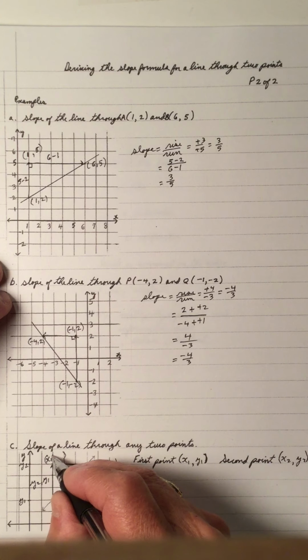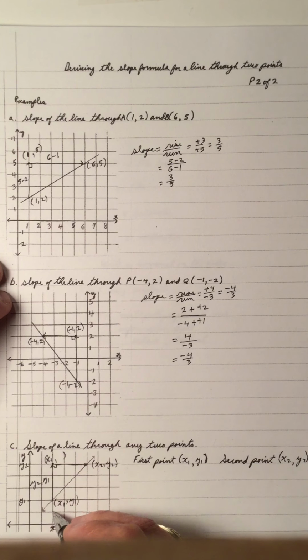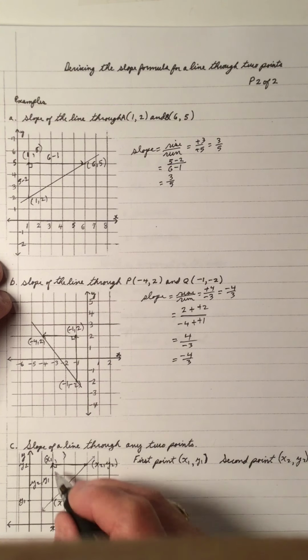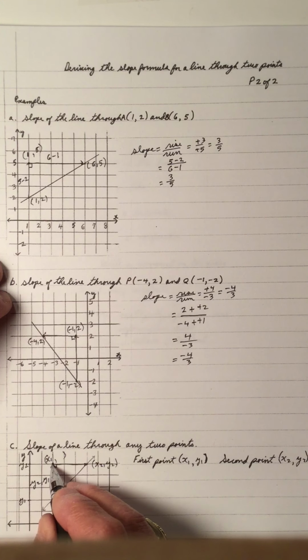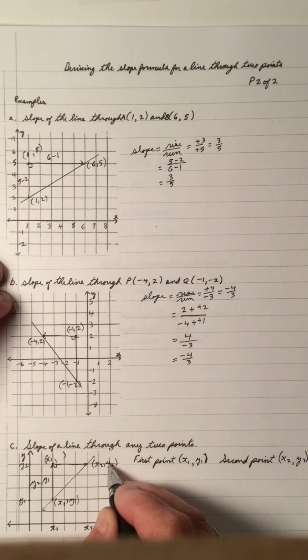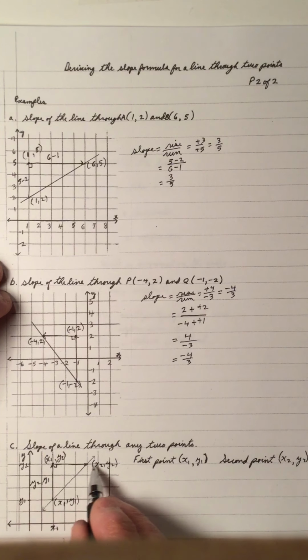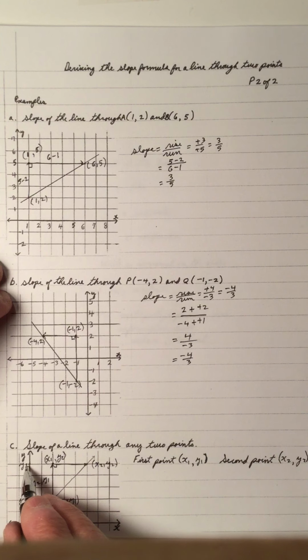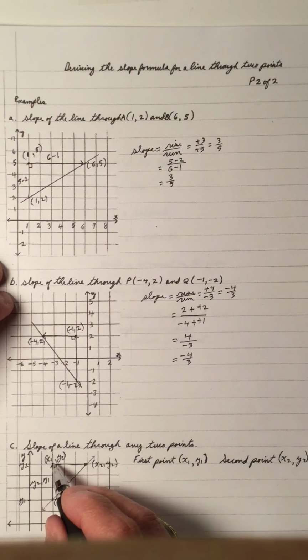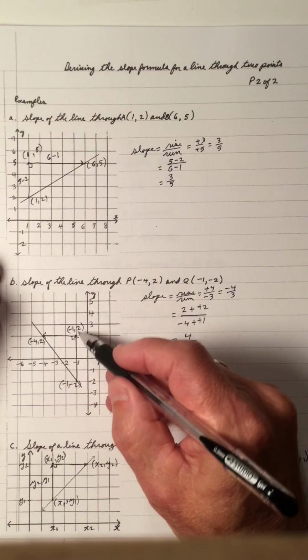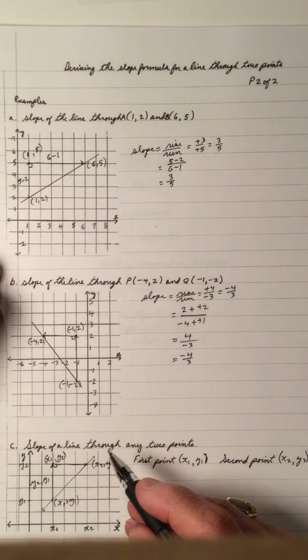Because if that's a vertical line, all coordinates on this line have the same x. And this is a horizontal line, so all coordinates on this point will have the same y. So that means if that point there, that's a y2, this is a y2, because when this line is horizontal, it hits the y-axis at y2. So this is the new point that we discovered, like this one and like this one.